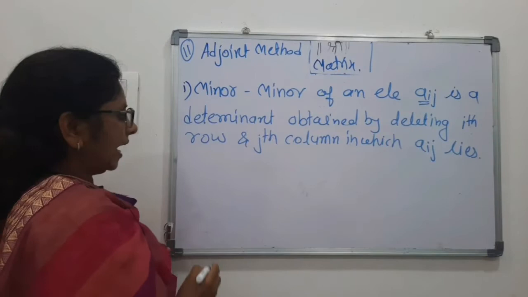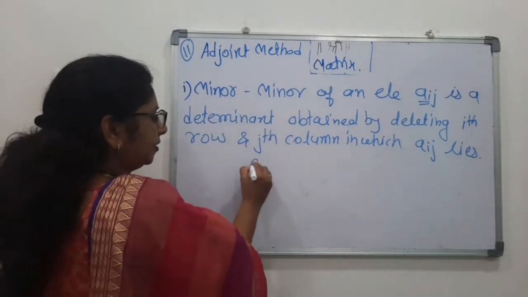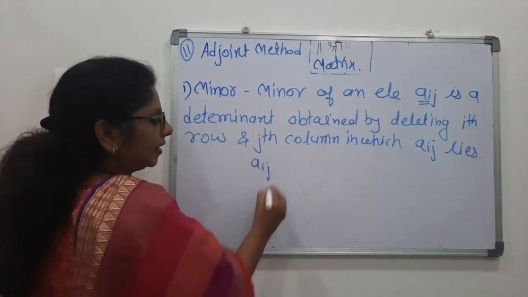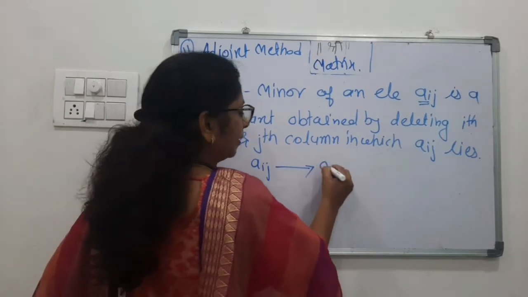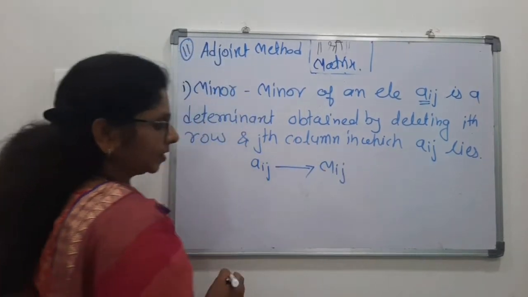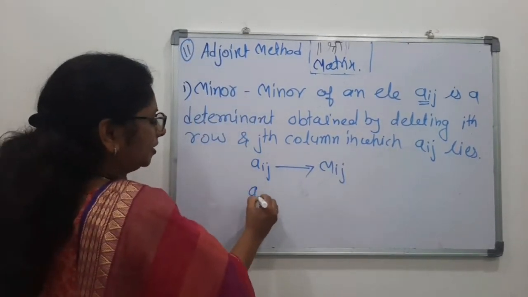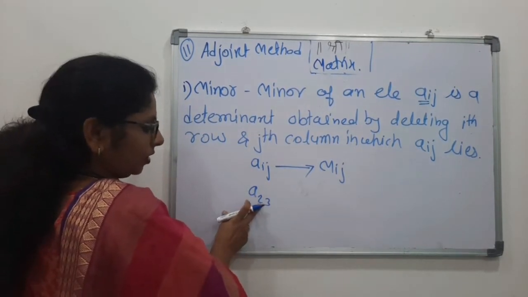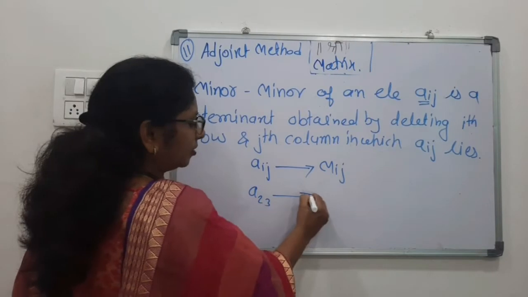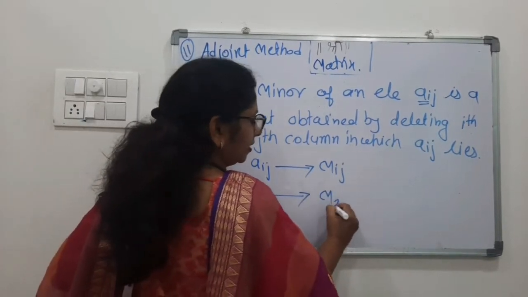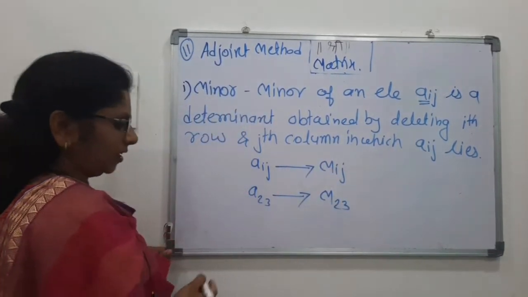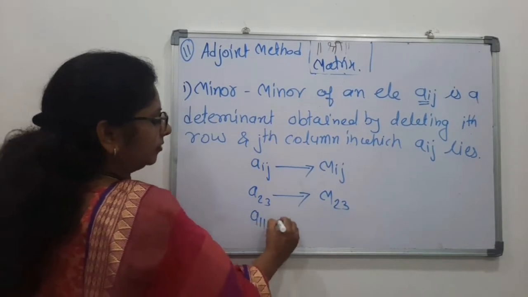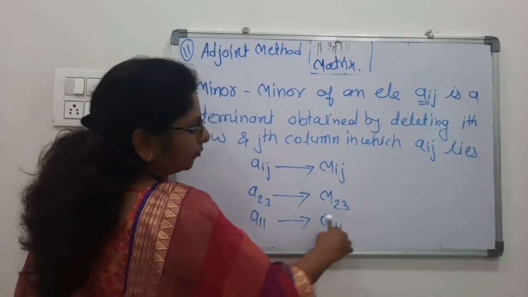The minor of the element Aij we will denote by Mij. Suppose the element is A23, meaning it lies in the second row and third column, then its minor will be M23. In this way, for element A11, the minor is M11.